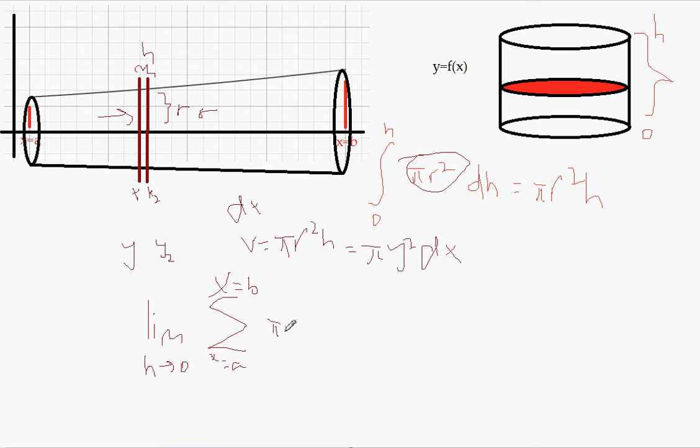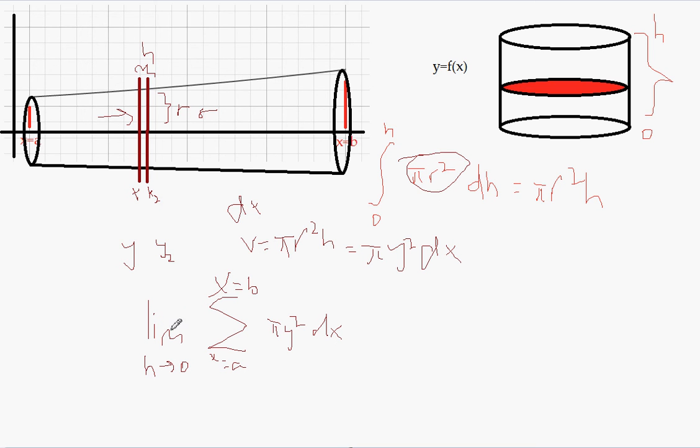So if we replace v with pi y squared dx, then we get the limit as h approaches 0 of the sum from x equals a to x equals b of pi y squared dx.